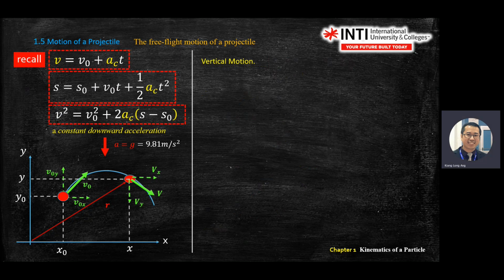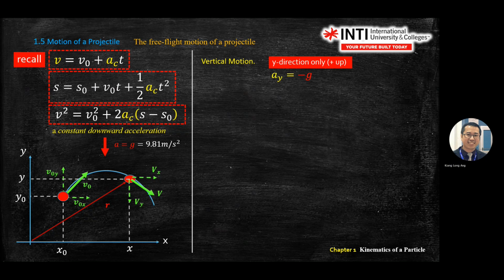Okay, look at vertical, you apply the same. Y direction going up is positive. Your a now is negative g. Okay, negative g. Let's see what happened. You pull the first equation and change all these terms into Vy, Voy, ay, and t.